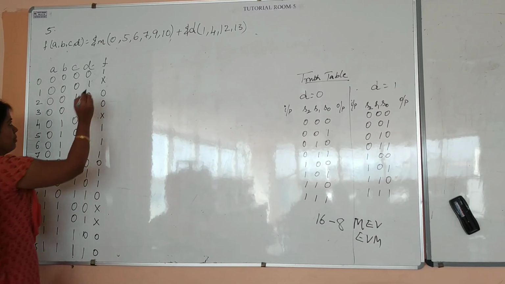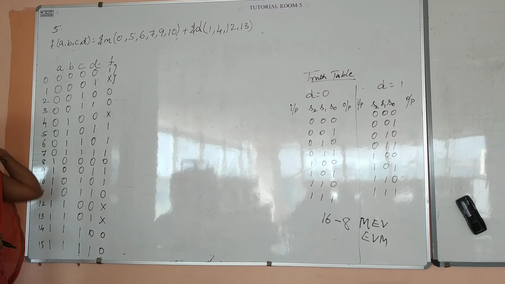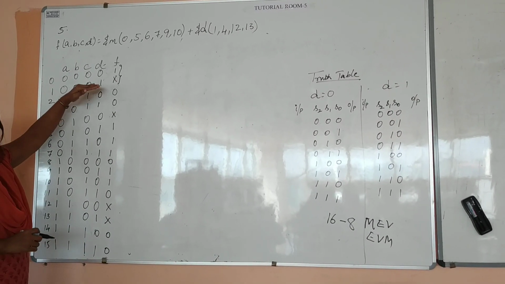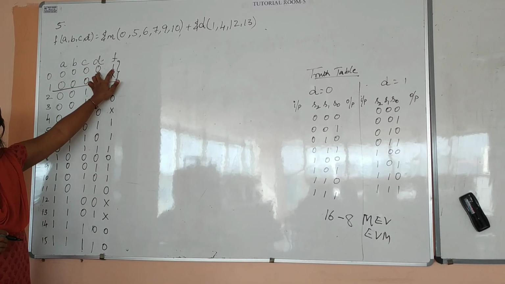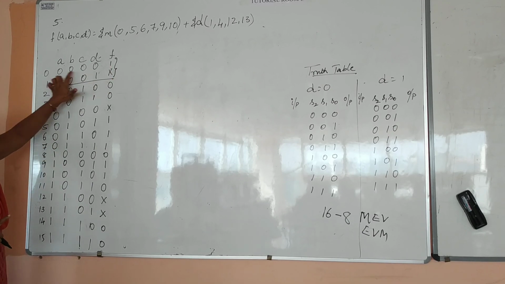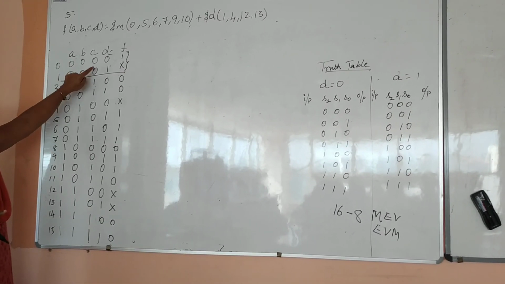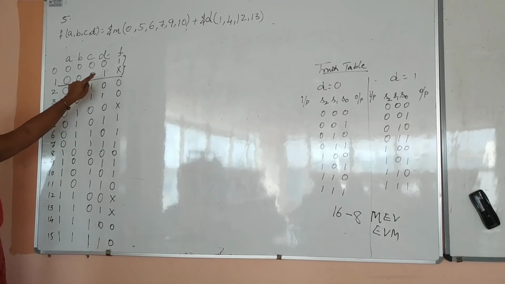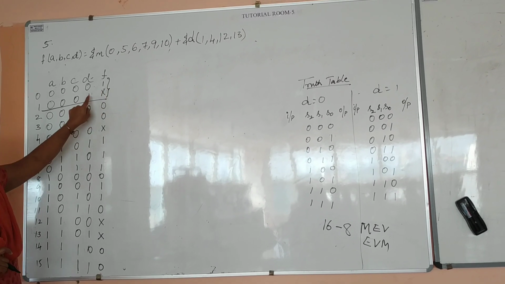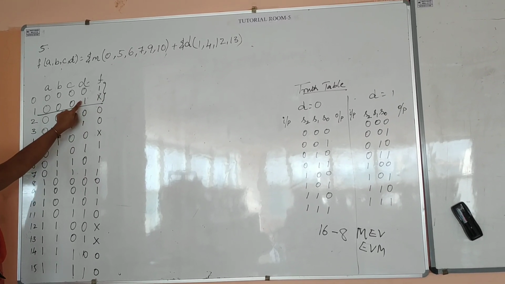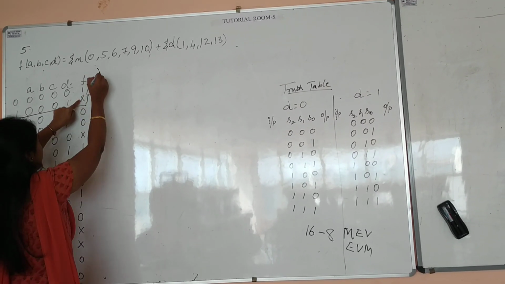Once you write the truth table, you need to club two lines. Each time you club 2 lines, you compare the D value with the F value. ABC values remain as they are. Here in both lines ABC is 0, 0, 0. When D is 0, F is 1. When D is 1, F is don't care, which we will consider as 1.